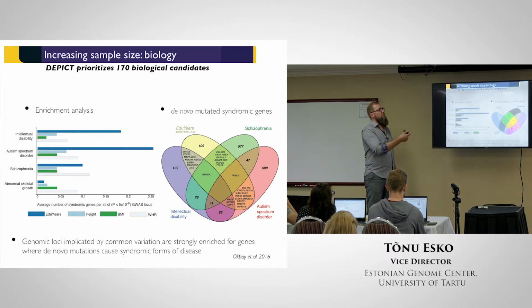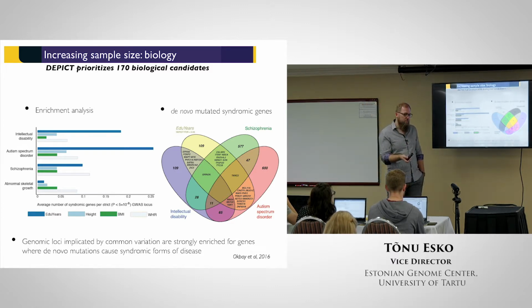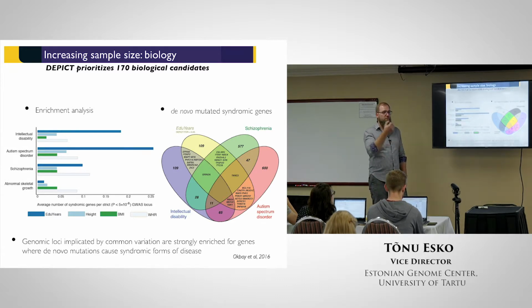It's the same analogy: if you have a gene missing or not functional, then you may have a major phenotype, for example a big effect on brain development or cognitive decline or something like that.